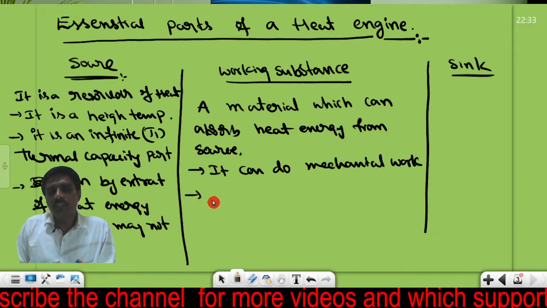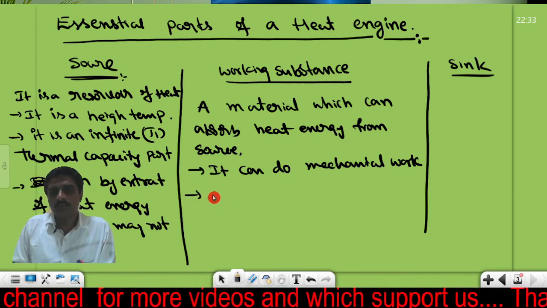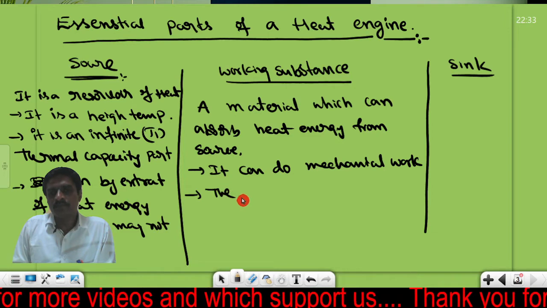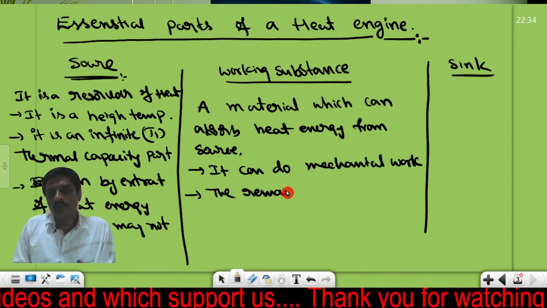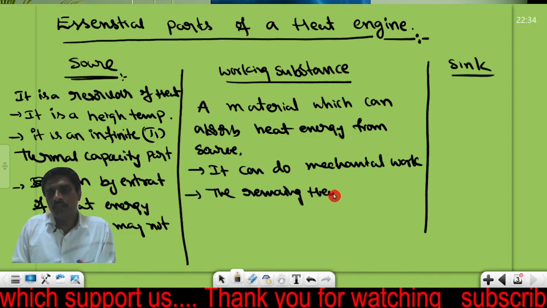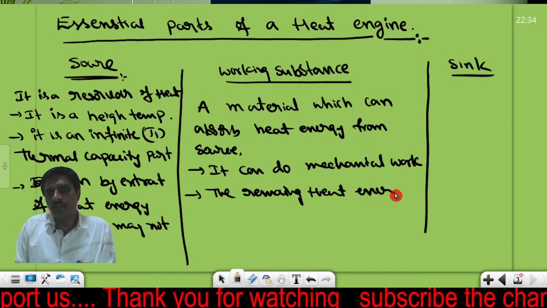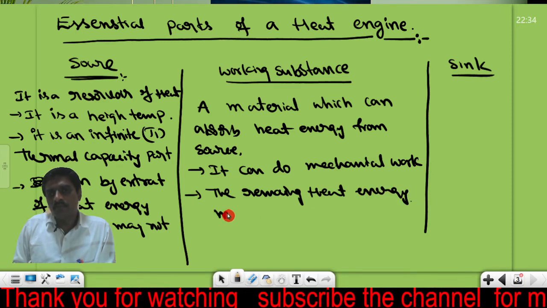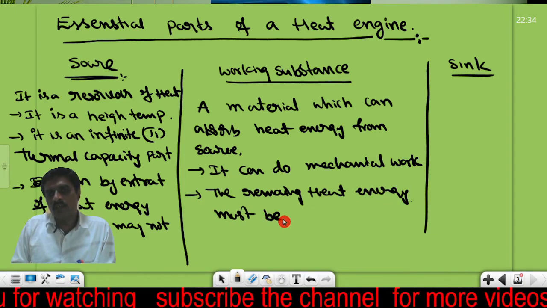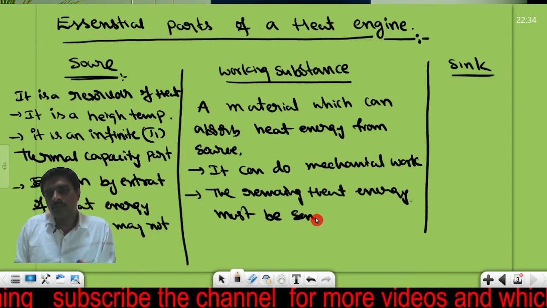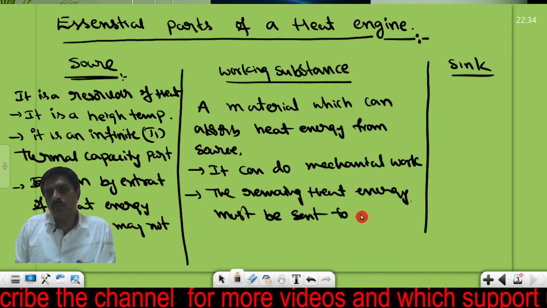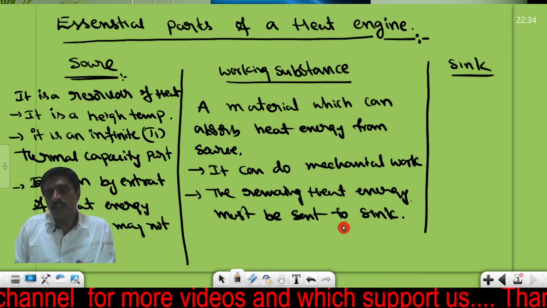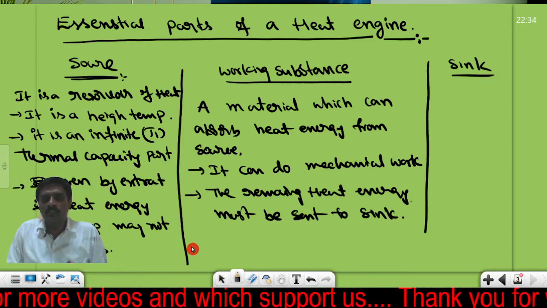The remaining heat energy must be sent to the sink. These are the properties of the working substance.